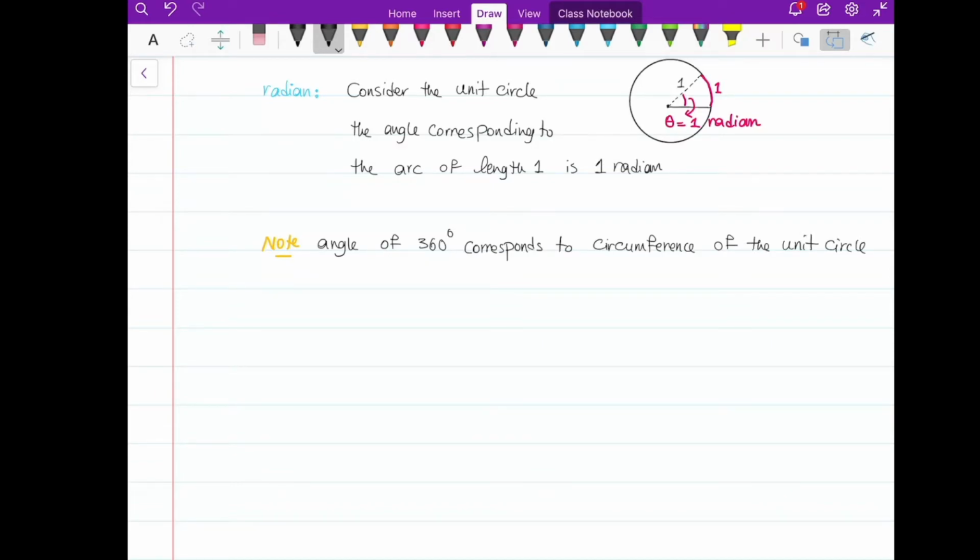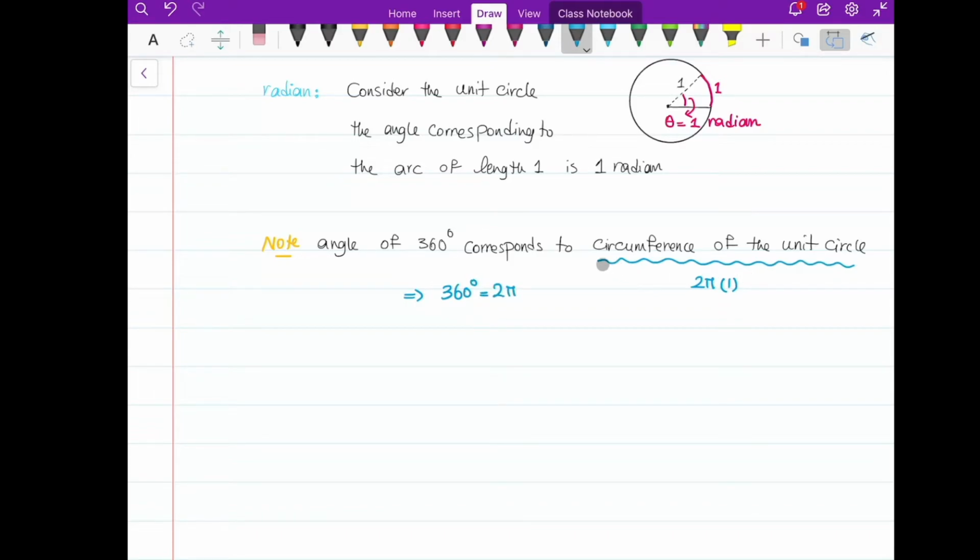Well, what is the circumference of the unit circle? The circumference would be 2 pi times the radius. The radius of the unit circle is 1, so that's why 360 degrees corresponds to 2 pi. So 360 degrees is actually 2 pi.